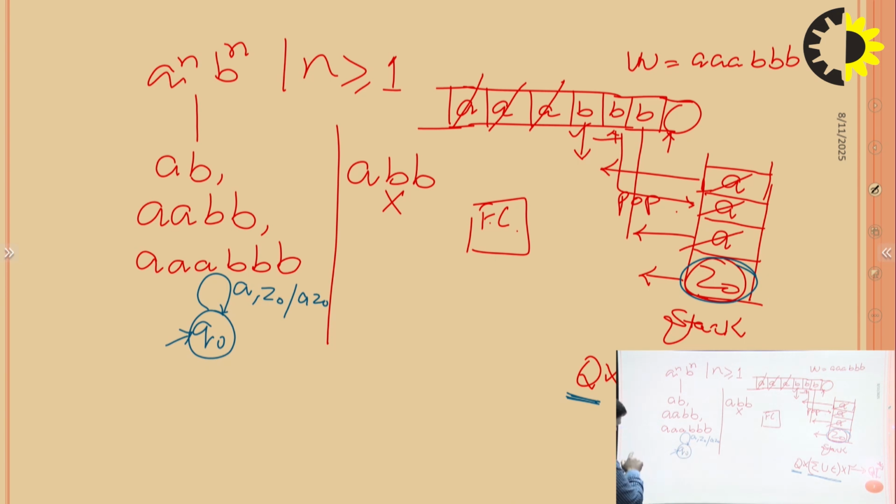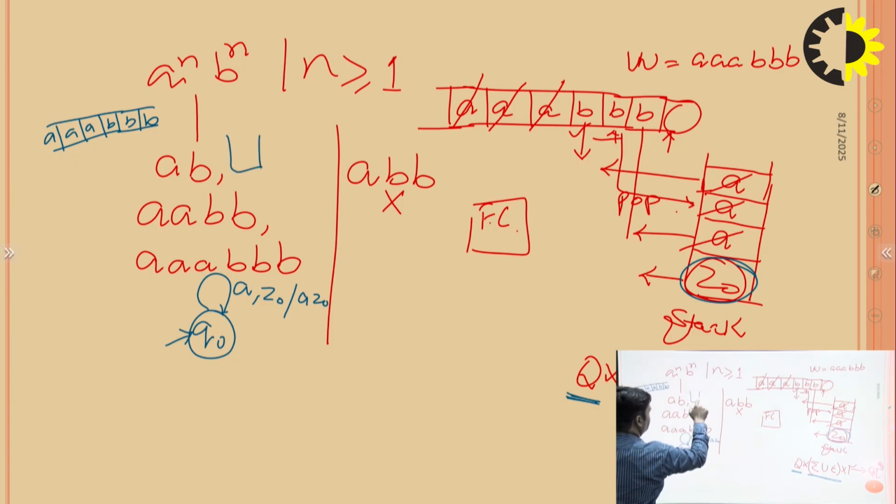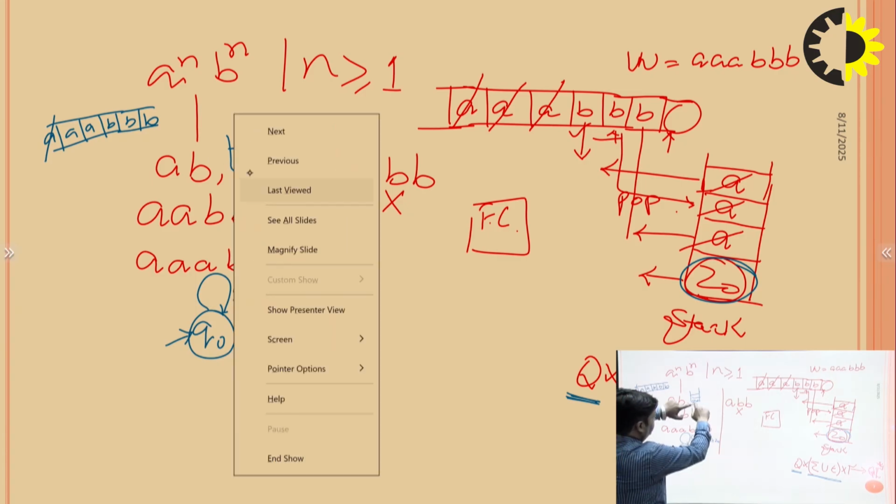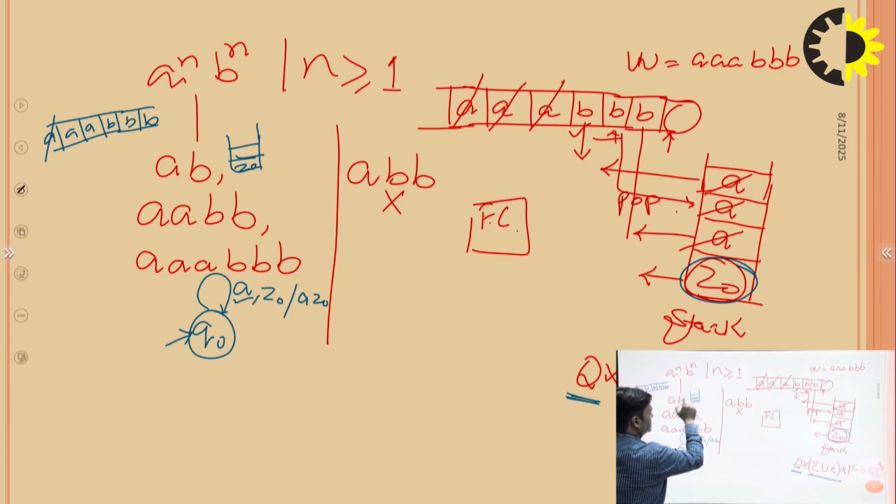How will this occur? At the input, this is the string abbb. This is the input string. This is the stack. The initial symbol is Z naught. When we get the first a, and the initial top of the stack is Z naught, then what will be the output? a Z naught.